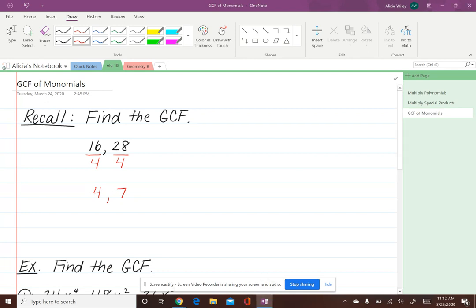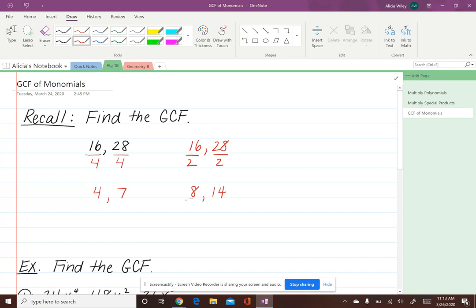Now, if we would have done what I was talking about before, divide by 2, I think the GCF is 2. Well, if you divide 16 by 2, you get 8, and 28 by 2, you get 14. 8 and 14 still have something in common. So you know you found a factor of 16 and 28, but not necessarily the greatest common factor, right?